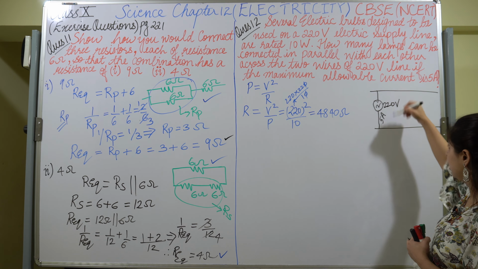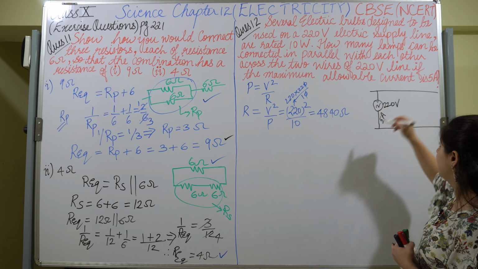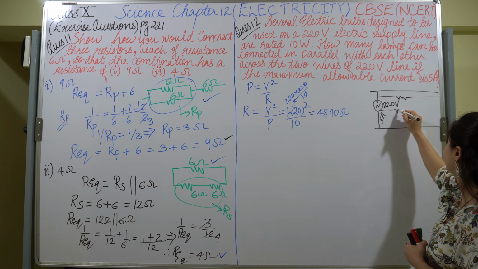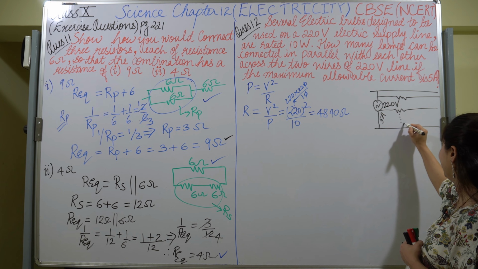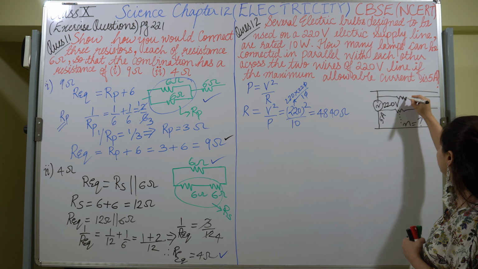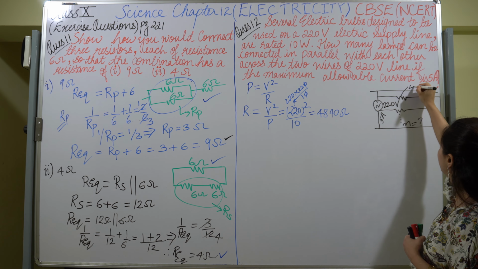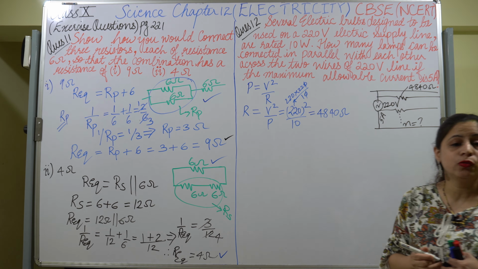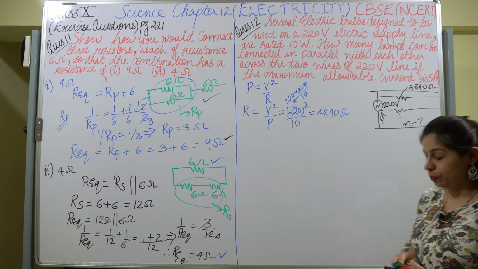Between these two lines, how many resistors, each having the value 4840 ohms, should be connected?